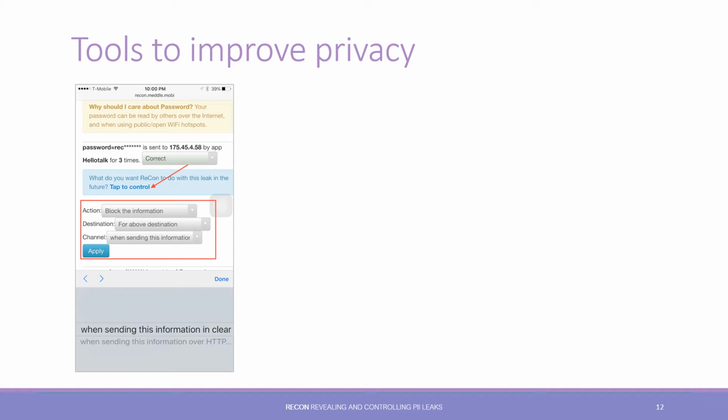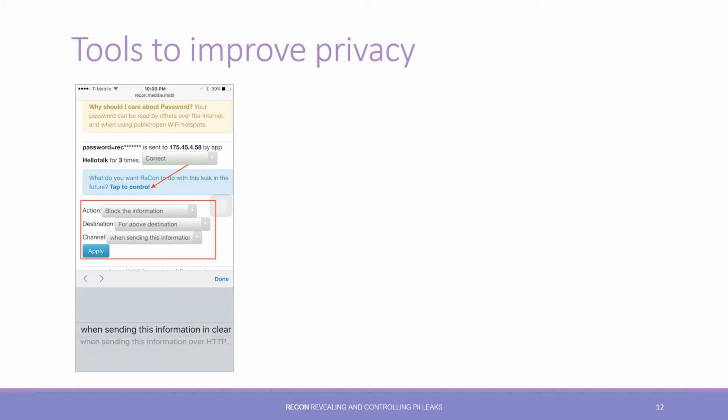Last, I want to talk a little bit about some of the tools that we've made available to improve users' privacy. So as I mentioned at the beginning of the talk, our ReCon system provides a dashboard where users can tell us what to do with information that's leaked about them. For example, they can tell us to block information, potentially replace it with something else to give them some level of anonymity.